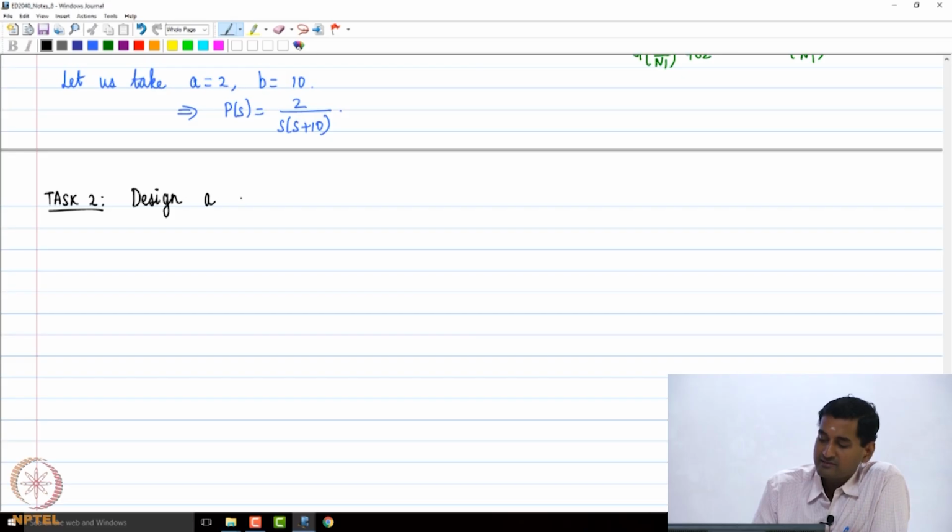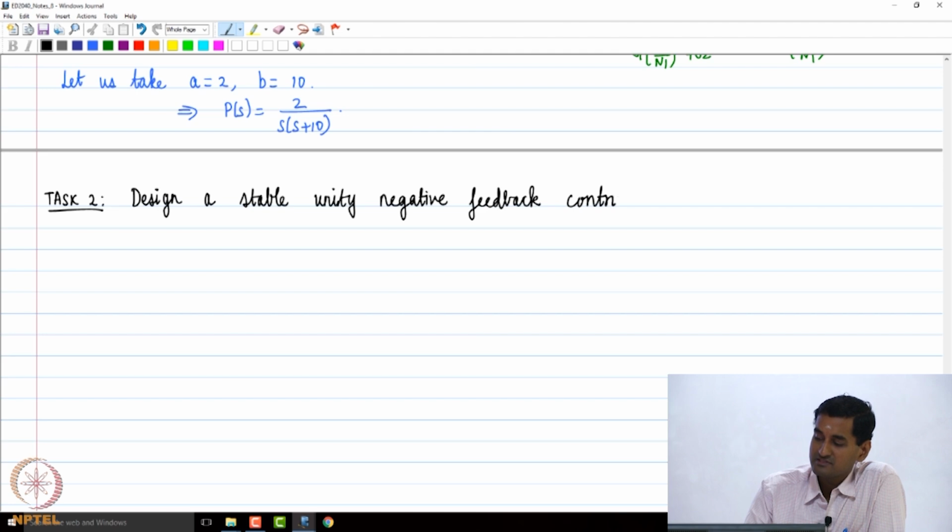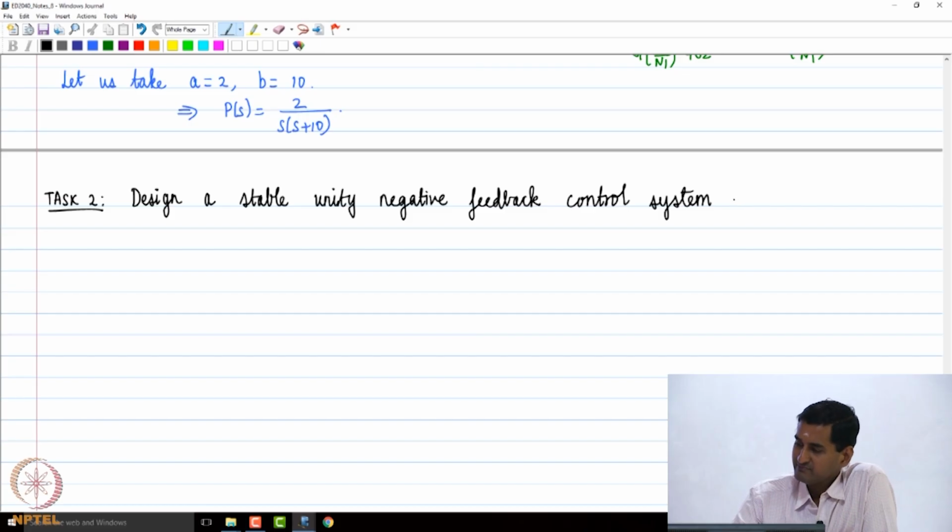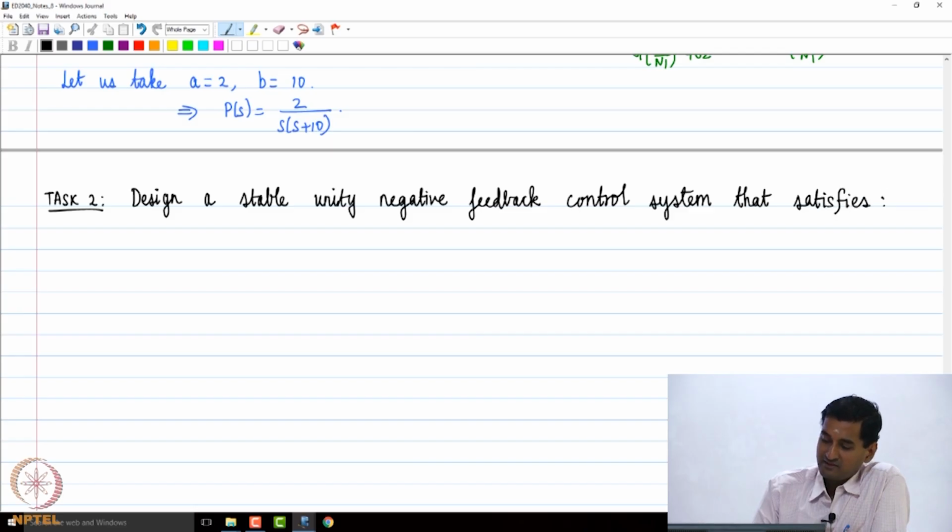a stable unity negative feedback control system that satisfies the following.